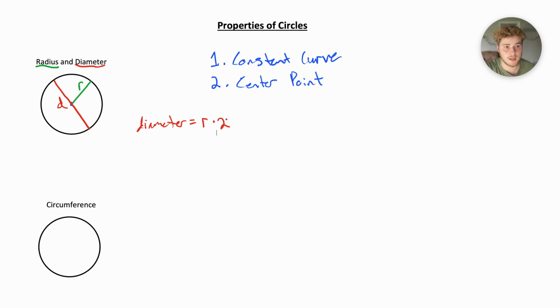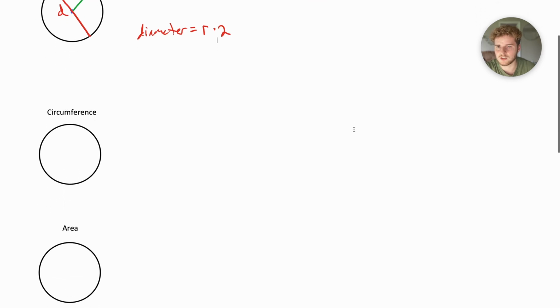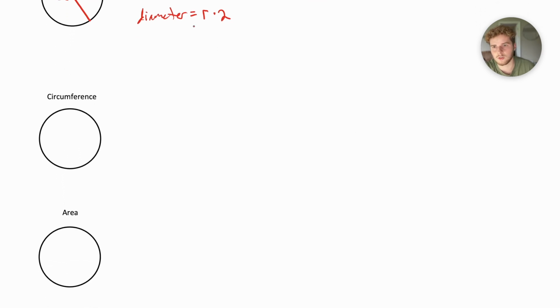That doesn't necessarily matter, but it is an important fact just to know, because if you are only given the radius, you might need to find the diameter, and if you're not used to drawing circles and working through problems, it might be a good detail just to understand that. Or rather, you might be given the diameter and you have to find the radius for a given problem. So just understanding the relationship between these two important ideas of circles is very helpful, especially when it comes to word problems.